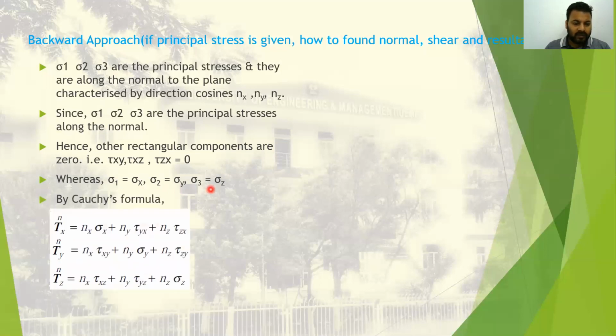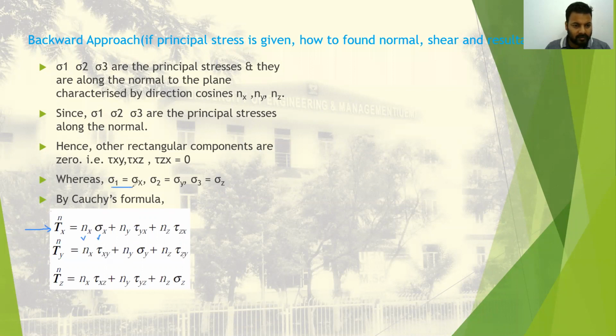By Cauchy stress formula, we can find the value of stress components along x, y and z axes. So Txn is equal to nx sigma x. We have the value of nx, we have the value of sigma x.